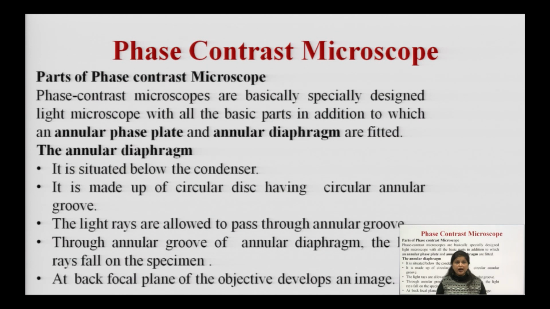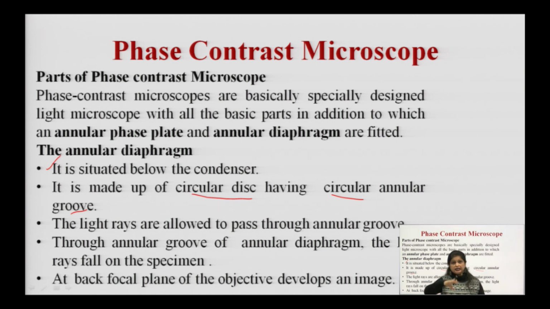Why was the annular diaphragm attached? It is situated below the condenser and is made up of a circular disc having circular annular grooves. The grooves allow the passage of light, so light passes only through the grooves.